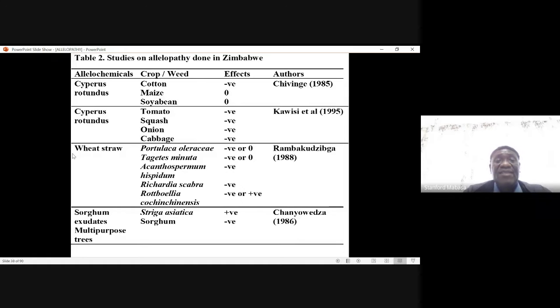He also noticed it, I think, in Mid-Rusabi, where cotton was not performing very well in some fields. And he did a study which established that indeed Cyperus rotundus had some allelopathic effect on cotton.